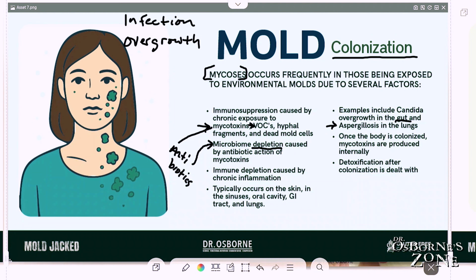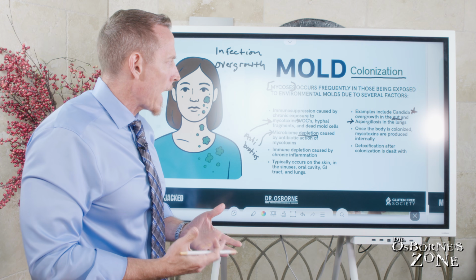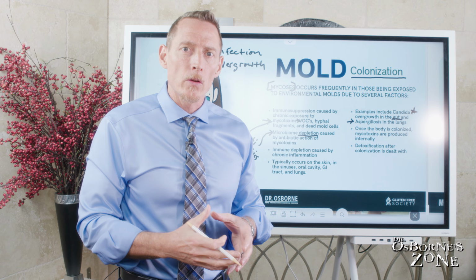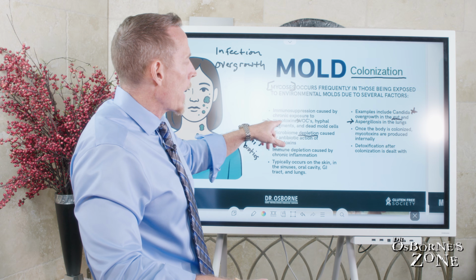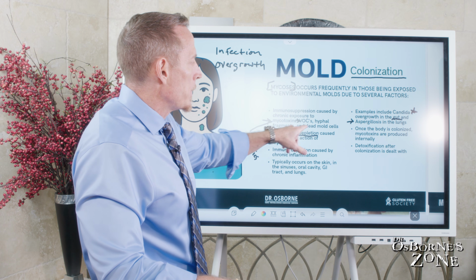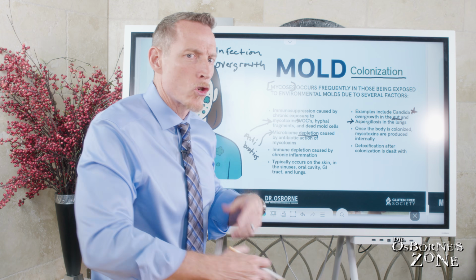So in essence, it's acting like an antibiotic, and it's one of the biggest things that leads to candida and other types of yeast overgrowing in your gut, because we all have candida in our GI tracts. It's a normal inhabitant of the gut, but it's usually kept in check and balanced by healthy microflora or bacteria. But when you're exposed to tremendous amounts of mycotoxins that act as antibiotics on your microbiome, that becomes depleted, and so now the natural candida that's already in your gut starts growing out of control.